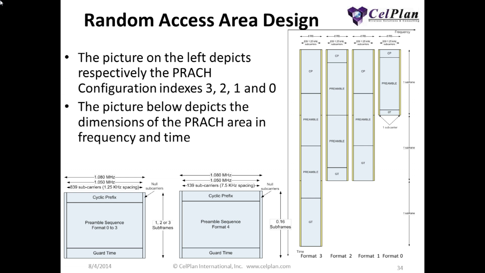Here I made a depiction of the four formats, not the TDD one, but the other ones. And basically what I'm showing here is the width of the random access area, that is 1.080 megahertz. We have the 15 kilohertz guard band on each side, and then we have the 839 subcarriers.